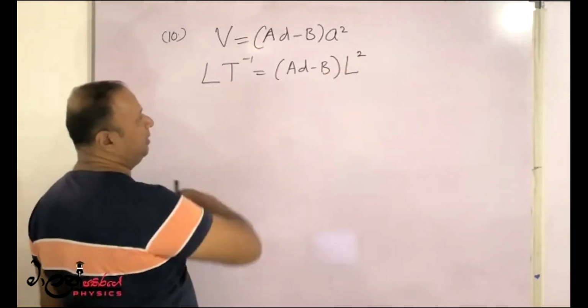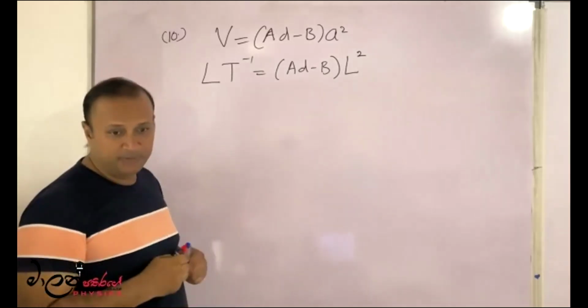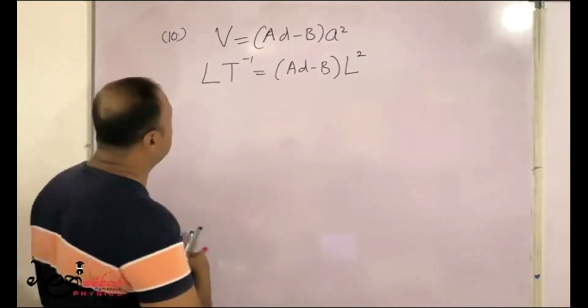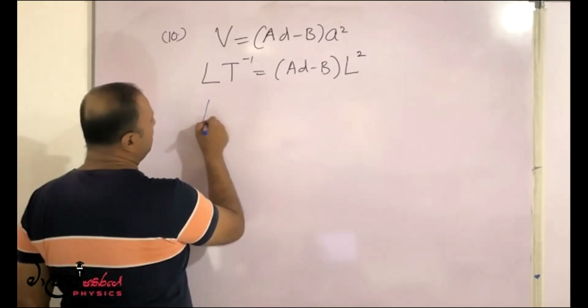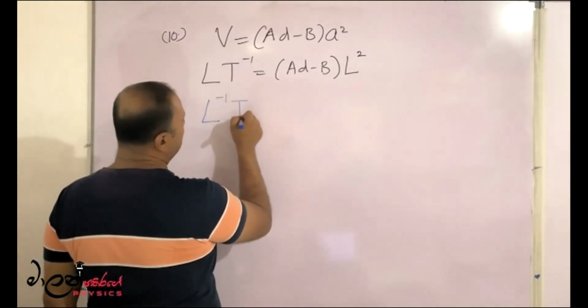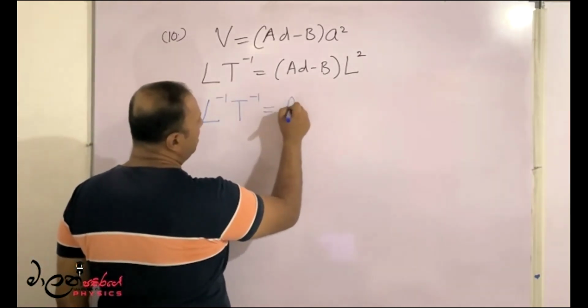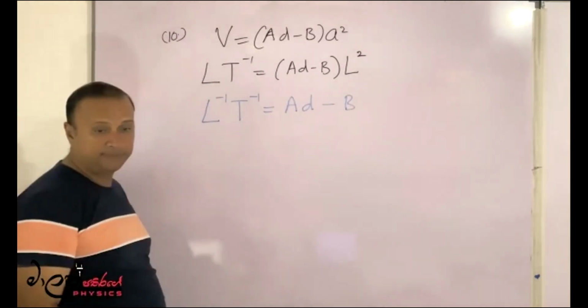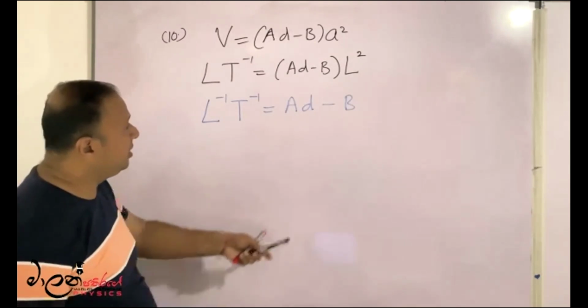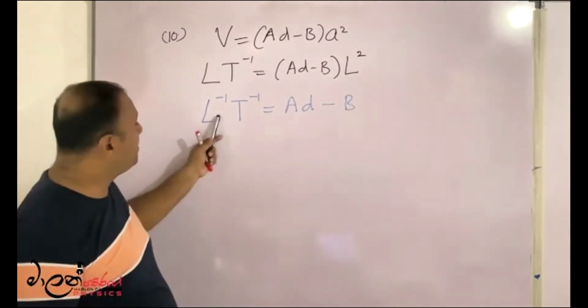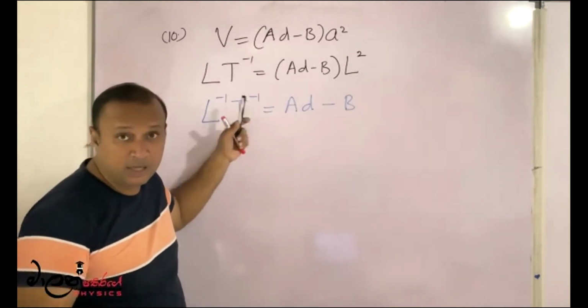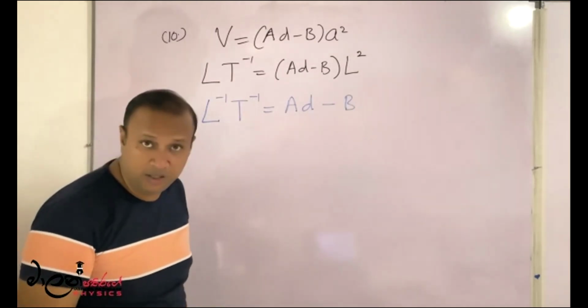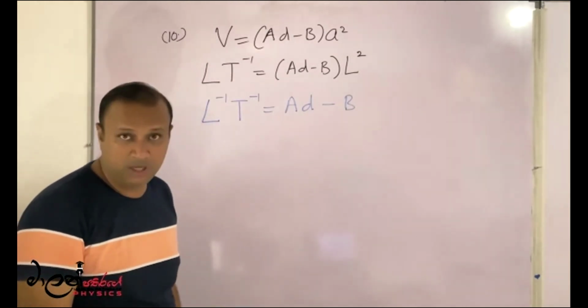AD minus B is equal to L T minus 1. So T minus 1 is equal to AD minus B. Therefore, definitely B is equal to L minus 1 T minus 1 because all the terms in this equation should have same dimension.